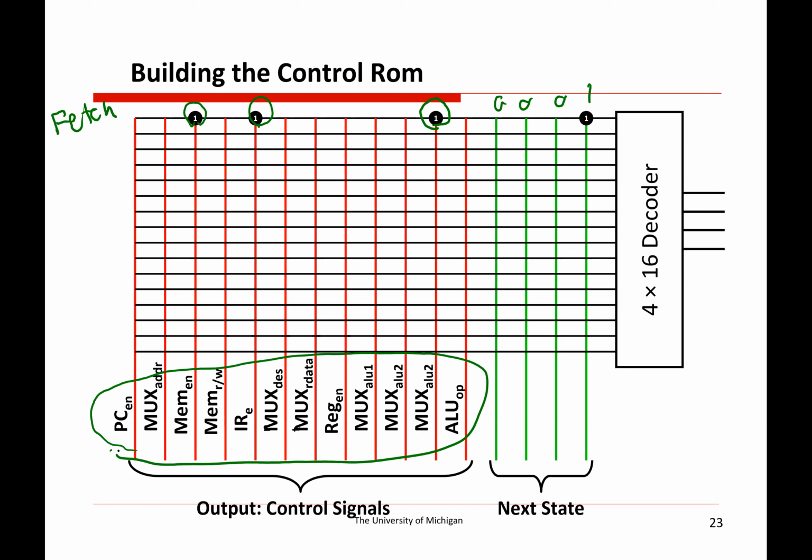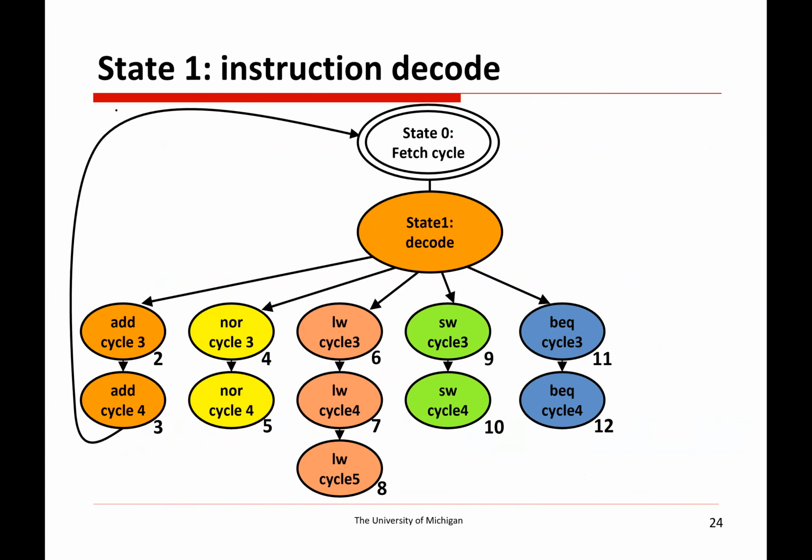What does each row of wires represent? So this is the opcode coming in here. Oh no, it's not the opcode, sorry. This is going to be the state, which is initialized to 0, and then this corresponds to each state in this diagram.